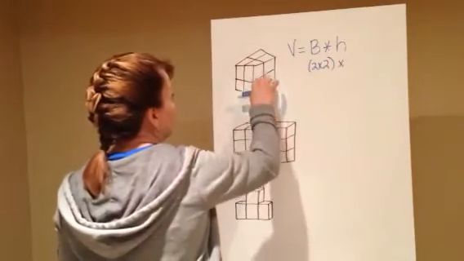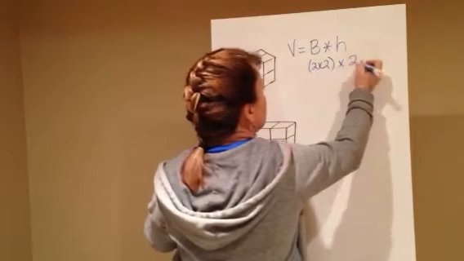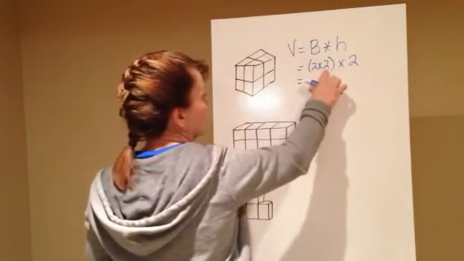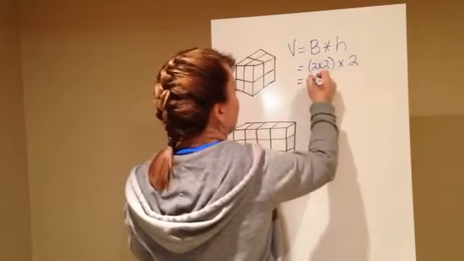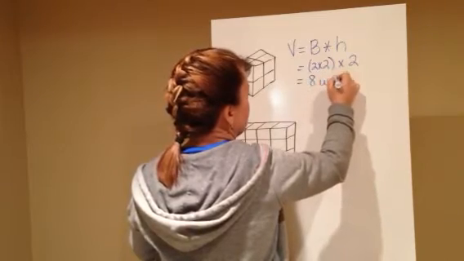And my height is 2 cubes tall. So basically I have 2 times 2, which is 4, times 2 is going to give me 8 units cubed.